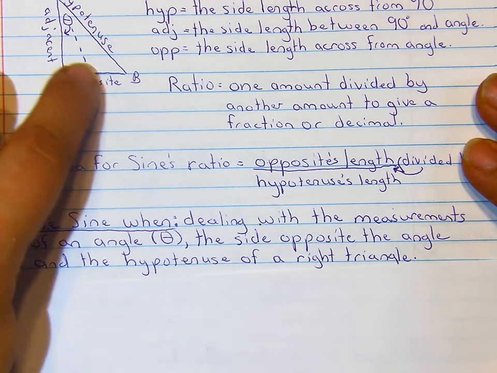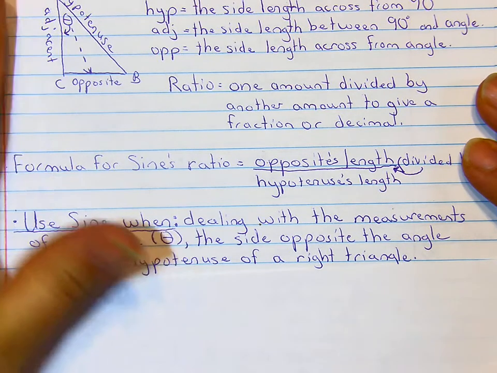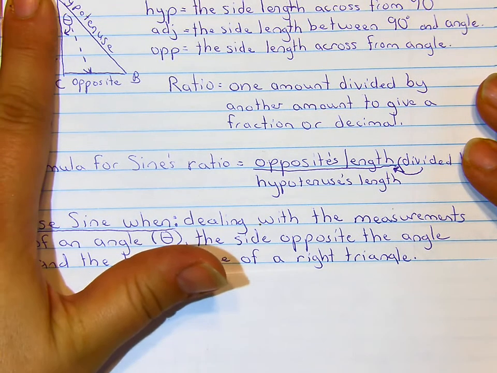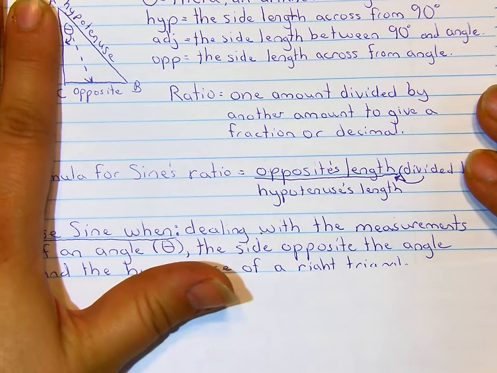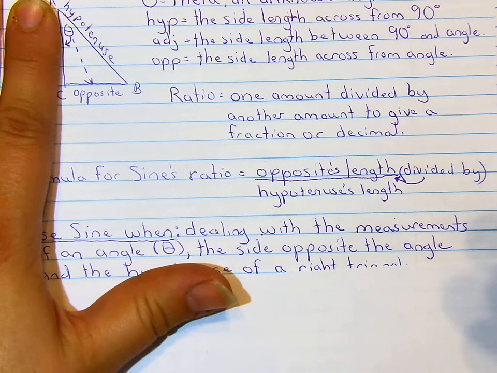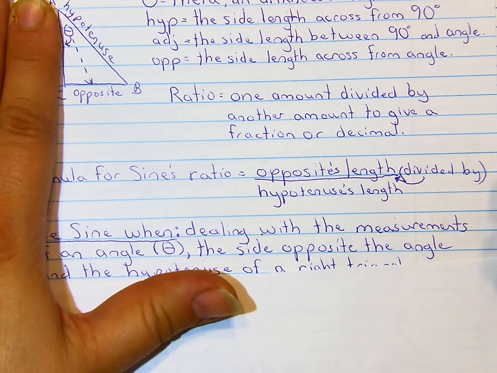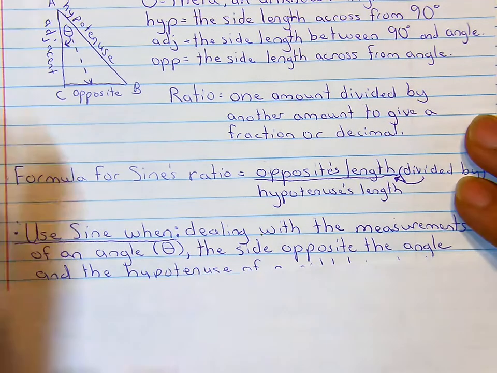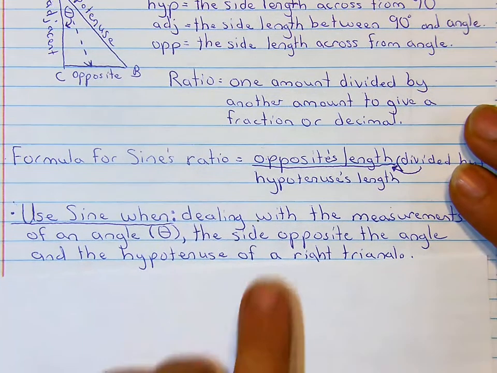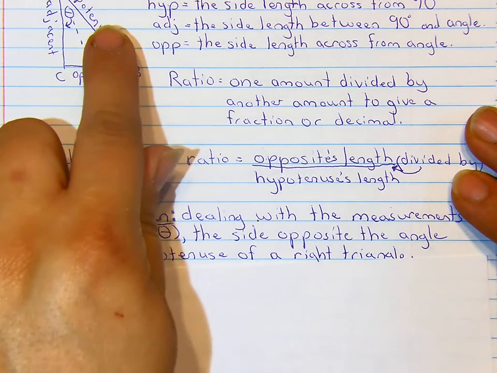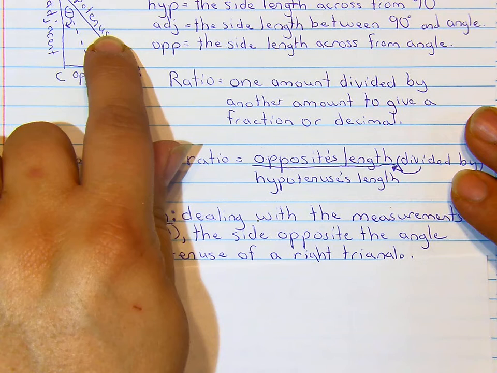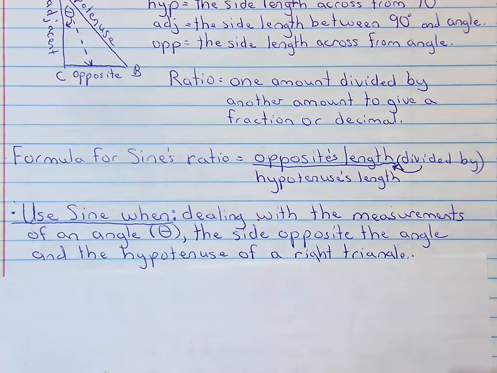So if you have those 3 bits of information, in other words, we're completely ignoring the adjacent altogether, then technically we can use the sine formula. And that, again, is going to be the opposite, whatever that measure is, divided by the hypotenuse, is equal to the sine of theta, which we use our calculator for to figure that one out.